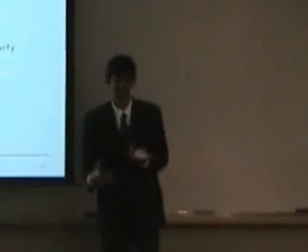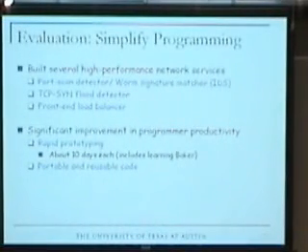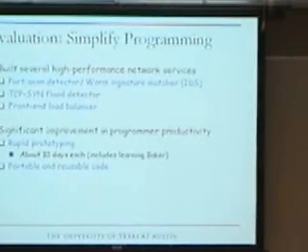We built a port scan detector, which detects port scanning attacks typically used for spreading worms, and a worm signature matcher, which scans packets for a given set of signatures using a string matching algorithm. A TCP SYN flood detector detects denial of service attacks, and a front-end load balancer balances load across multiple servers at the backend.